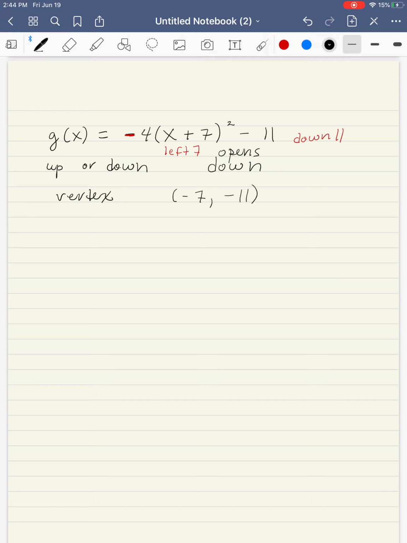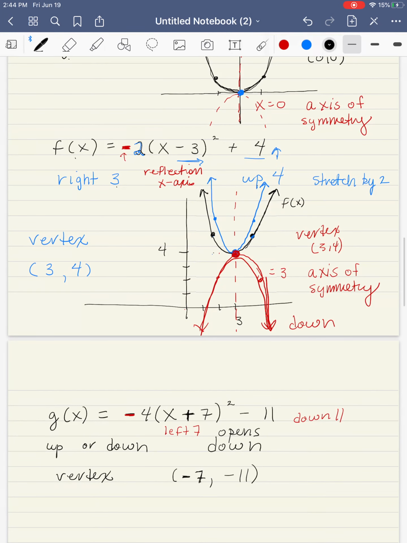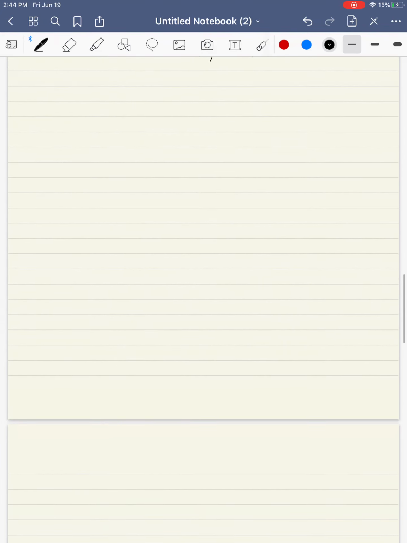So that means the vertex is going to be -7, -11. Notice on this one, we had a +7 here, so that meant we had a -7 for our x-coordinate of our vertex. On this one, we had a -3, so that meant we had a +3 as the x-coordinate of our vertex.